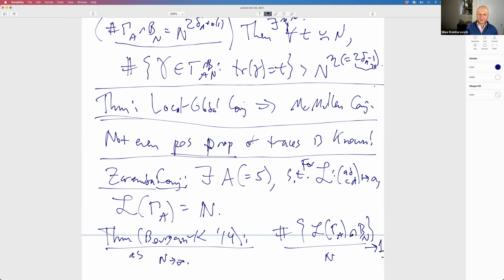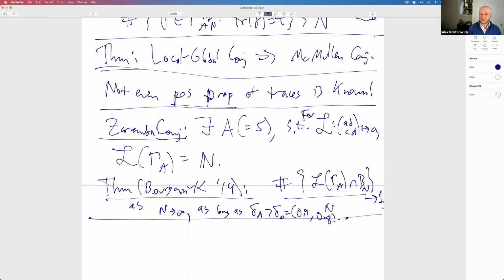So 100% of the actual values that could arise do, which is of course very far from the truth. This holds as long as the Hausdorff dimension is sufficiently close to some number, and this number people have whittled down. Our initial number was something like 0.9, and people have made it now 0.8 maybe, but it's still very far from the truth, which should be a half.